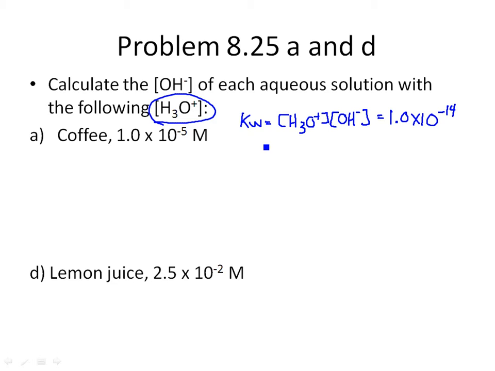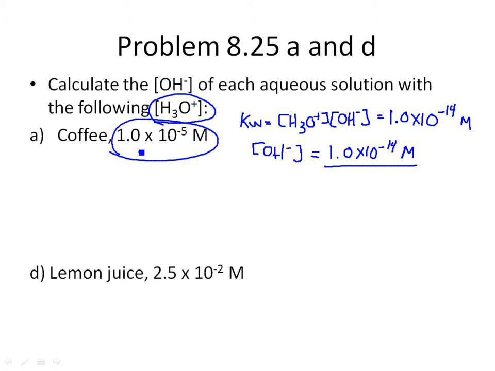The hydroxide concentration is equal to 1.0 times 10 to the negative 14, this should be molarity there, all over the hydronium concentration. So we would plug in 1.0 times 10 to the negative 5th molar.